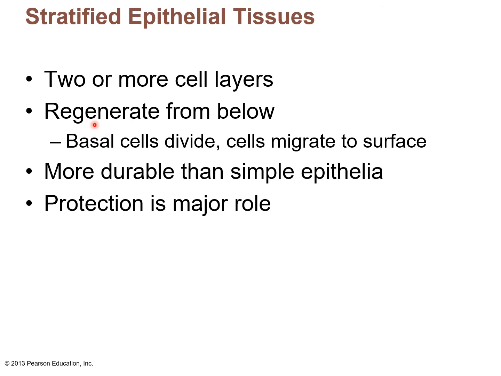Definitely stratified tissues are more durable than simple epithelial tissue. Therefore, whenever you see a stratified tissue, right away think of protection. That's an easy way to think of the different functions of your epithelial tissues. Stratified, protection. Simple would be for things like filtration, absorption, and secretion.